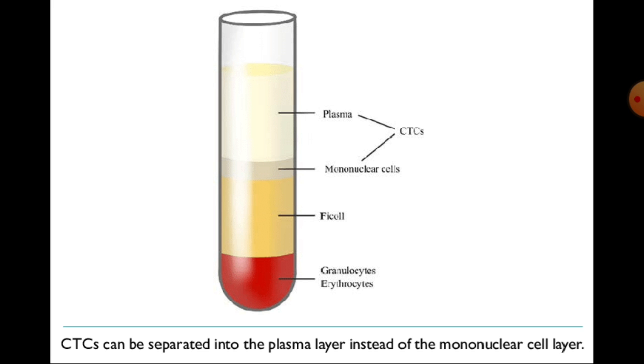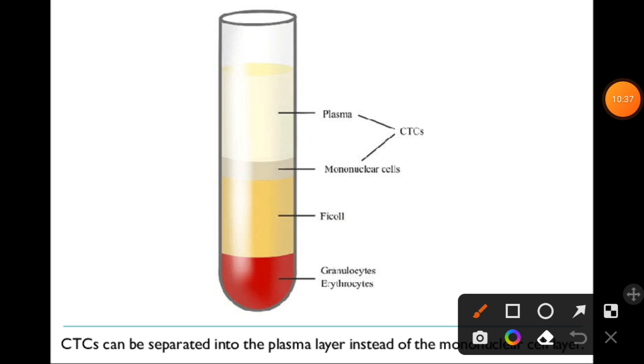So density gradient centrifugation is nothing new, it is just a modification of the differential centrifugation. So in differential centrifugation, the particles to be separated are in uniform mixture with the solvent. Okay, but in case of density gradient centrifugation, the particles are separated by a column. That column has a gradient of density.